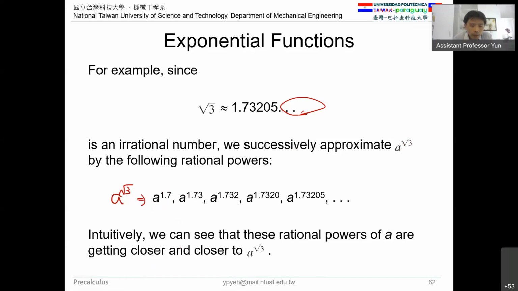We can see that these rational powers of a get closer and closer to a to the square root of 3 if we use more decimal places.